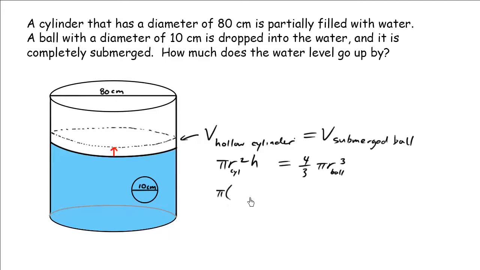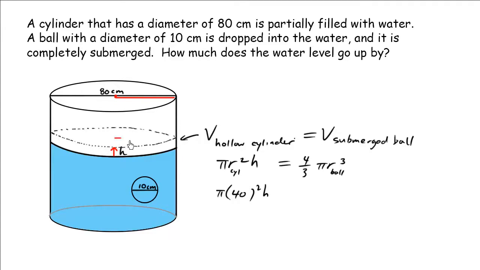So we have pi r squared h, and that's what we're trying to solve. We're trying to solve for h. This here is variable h. The radius of the cylinder is going to be half of 80, which is 40. The common mistake is to just plug in 80, but it's actually half of that. The radius here is from the center to here.